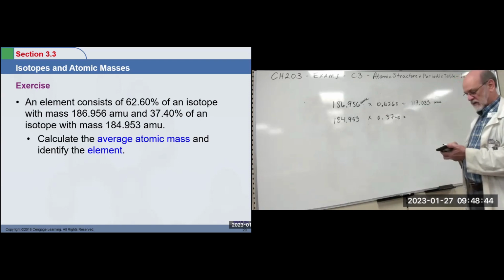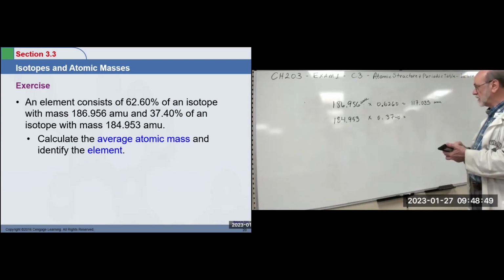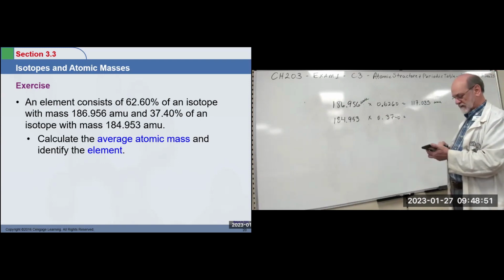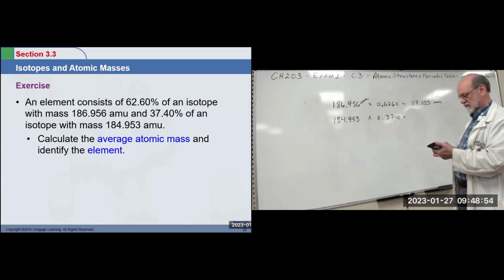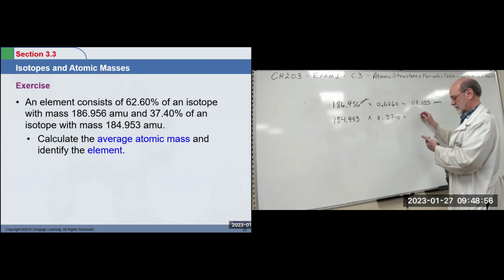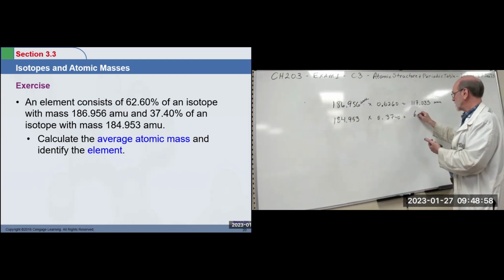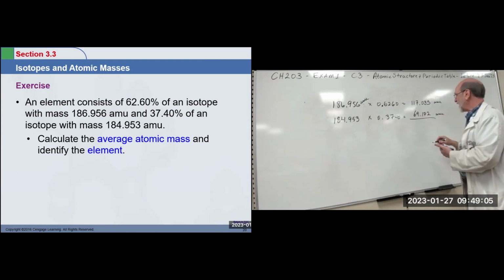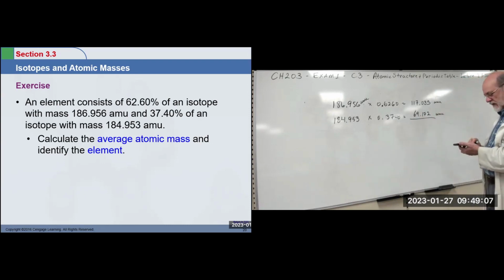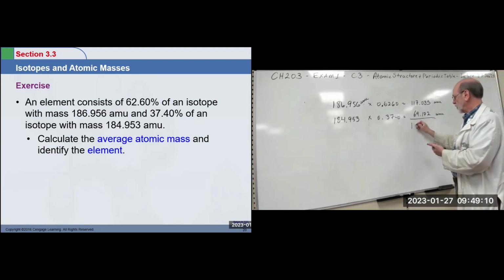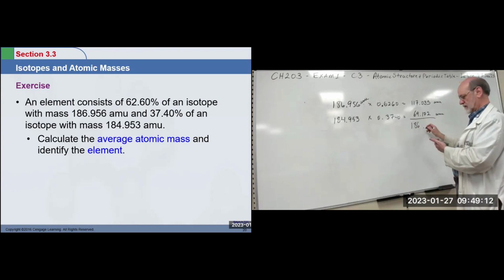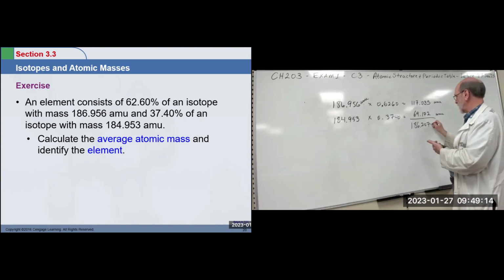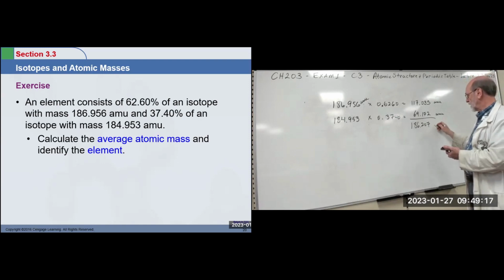And this one, 184.953, is only 37%, which is 69.172. So the weighted average would be those two together. 186.207 atomic mass units.